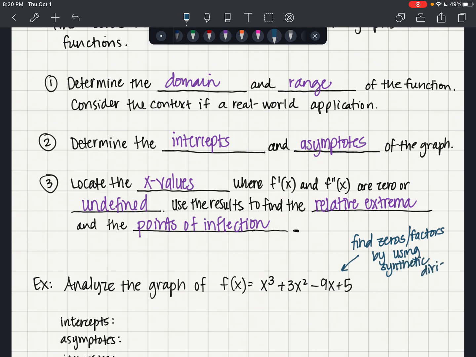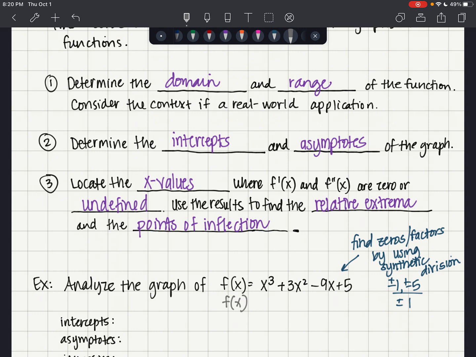What you do is you take factors of the constant, so plus or minus 1, plus or minus 5, over factors of the leading coefficient, plus or minus 1, and you would try those in synthetic division to see where your remainder is 0. And that helps you factor. So you'd be using synthetic division along with the factor theorem to find the factors of this function.